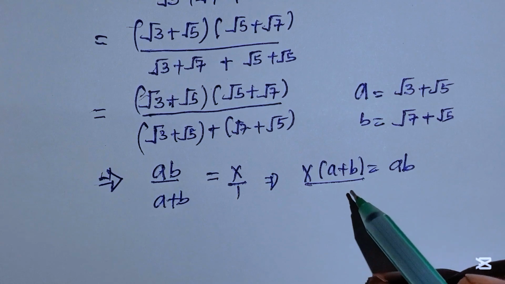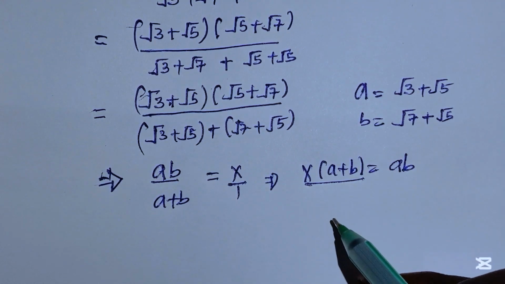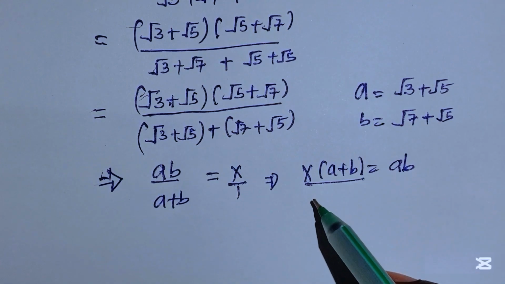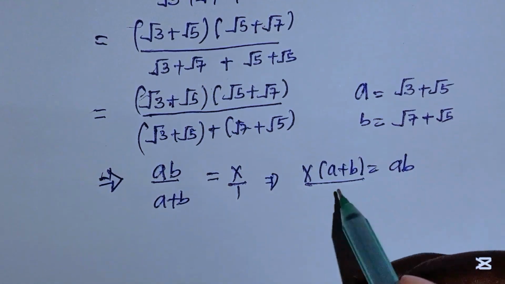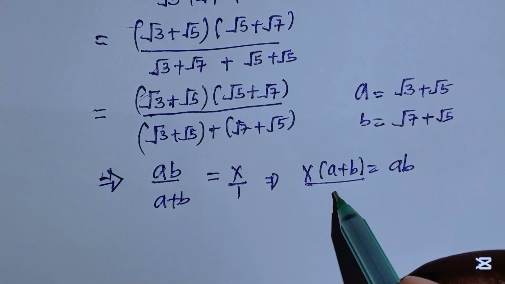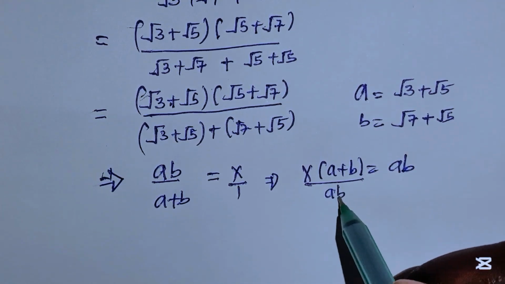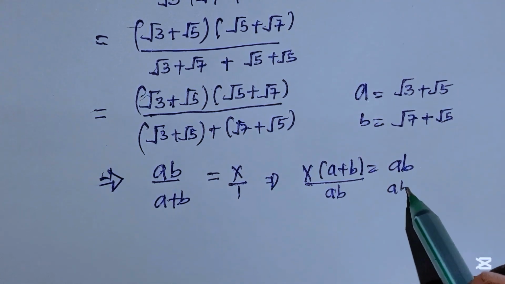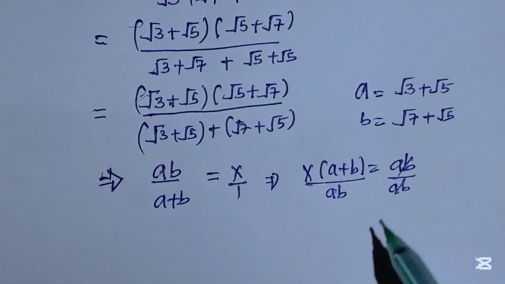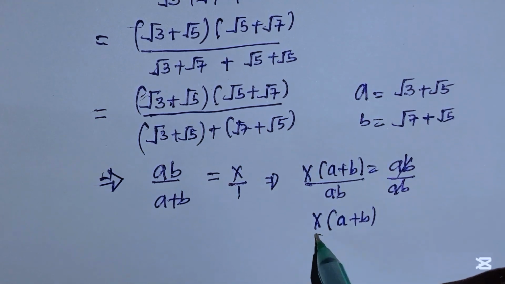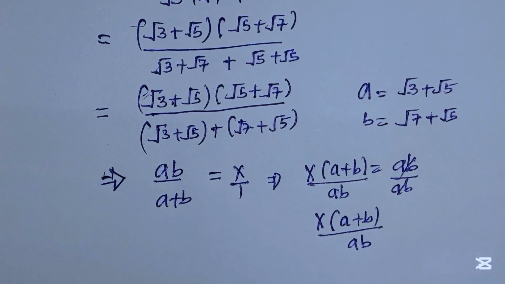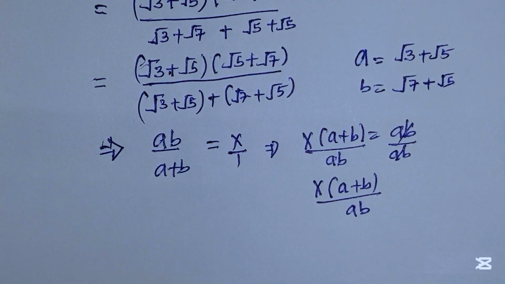And even here we can divide by X, so that this one is cancelled, and then X times A plus B over AB. And what do we want on this side?